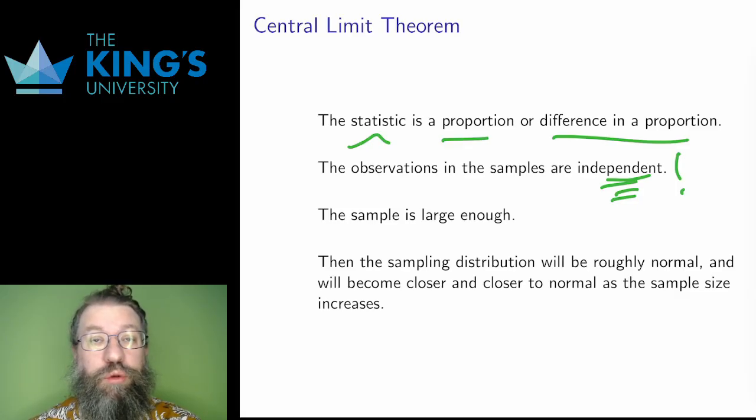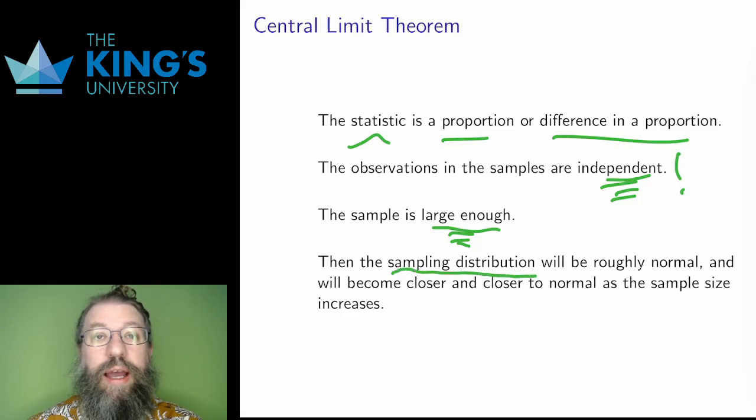This will be usually true for well-designed studies, but it does need to be stated. Then also assume that the sample size is large enough, with, again, large enough to be worked out later. Then, if I generate many samples and calculate the statistic for each, I would get a sampling distribution, and the theorem says that the sampling distribution will be roughly a normal distribution.